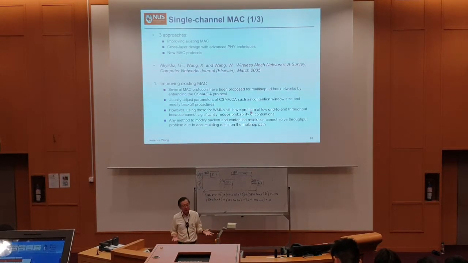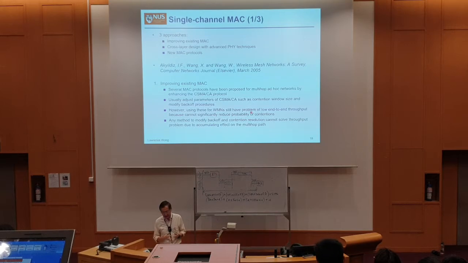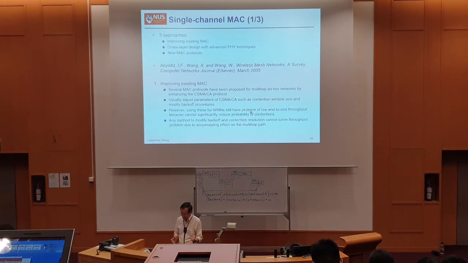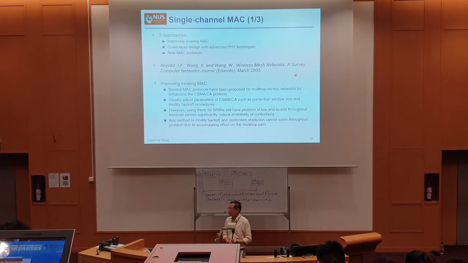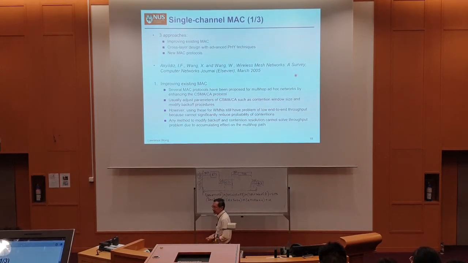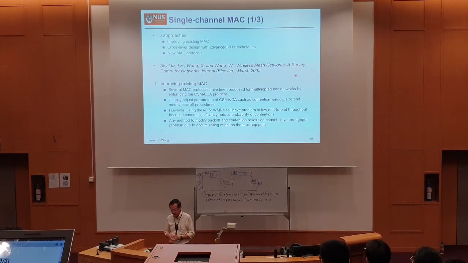How to deal with single channel? How to improve the existing MAC? Some of them will use some enhancements. So here is a survey, with a whole bunch of papers inside if you're interested to see what they're doing. One approach is to improve the existing MAC. Another is to do cross-layer design, cross-layer optimization.